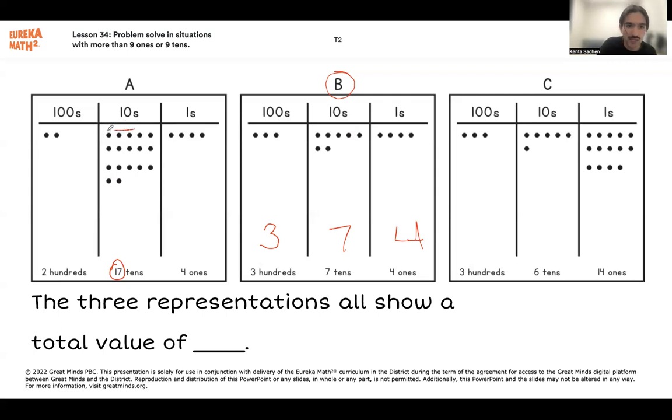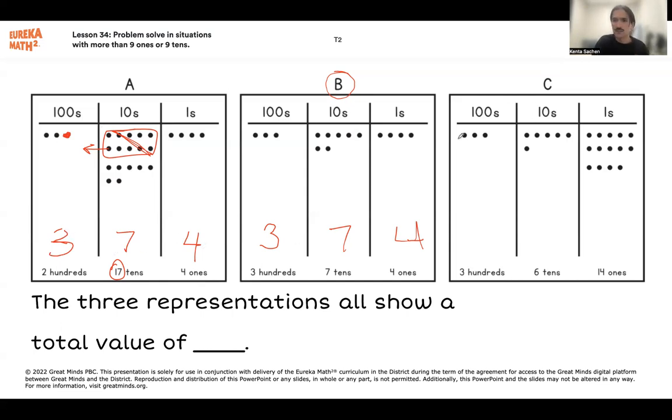So 10 of these tens we can cross out and make it into one more 100. So 2 hundreds, 17 tens, and 4 ones is the same as 3 hundreds, 7 tens, and 4 ones, once we regroup or move 10 of the tens and rewrite it as one of the hundreds. So A, even though it looked different, is still showing 374.